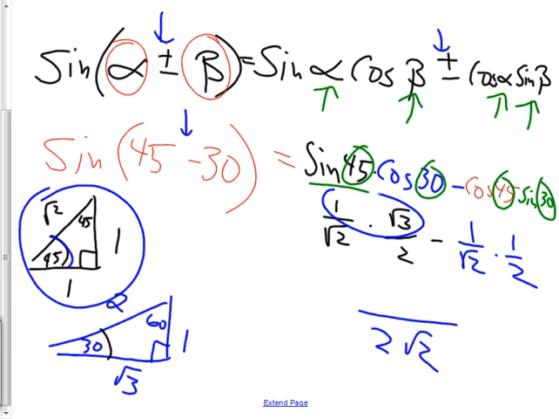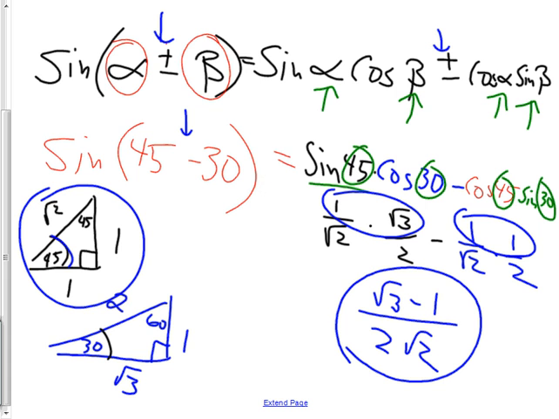Well, 1 times root 3, which is root 3, and 1 times 1, which is 1. There's my final answer. That's all you have to do. After those 75 steps, you're done. It might have been a little less than that. All you'll have to know is the 30, 60, and 45s.